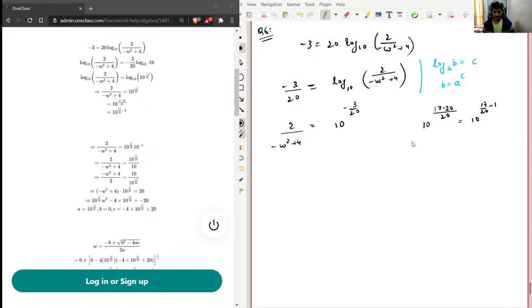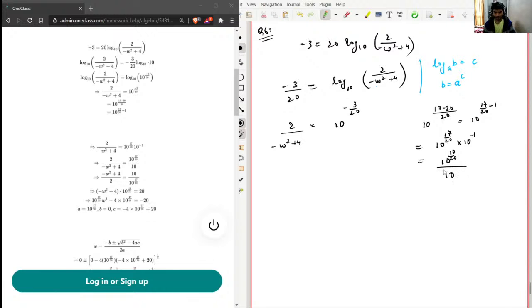As the base is the same, we can split this and it will become 10 power 17 over 20 into 10 power minus 1, which is 10 power 17 over 20 over 10.